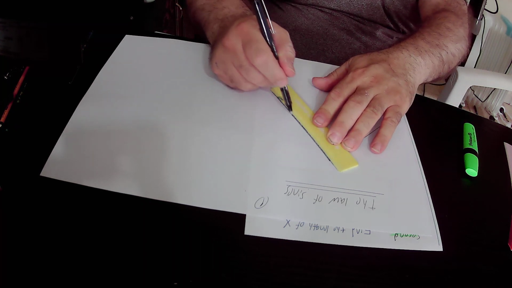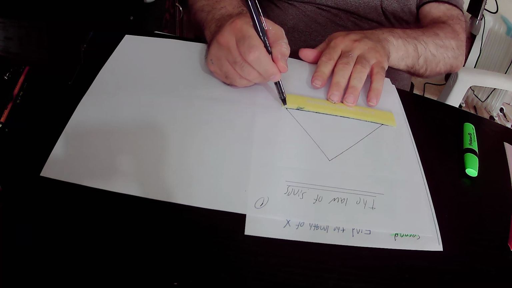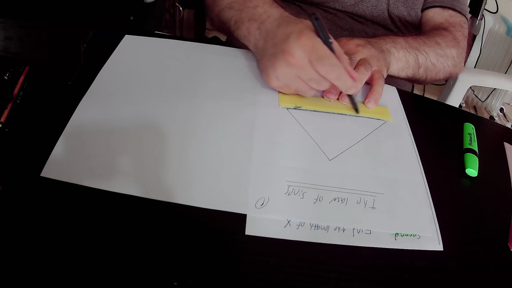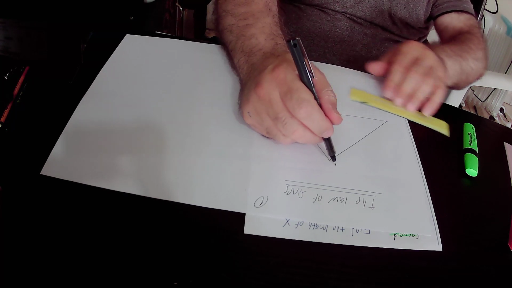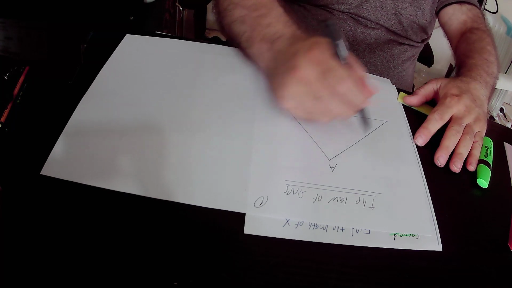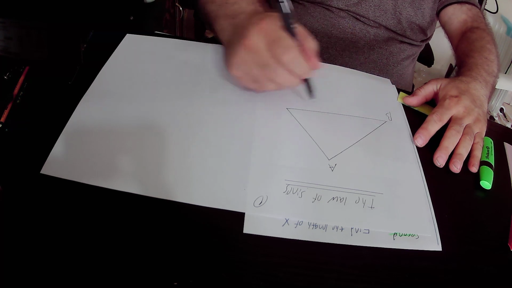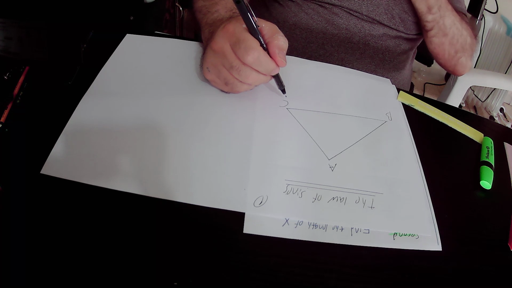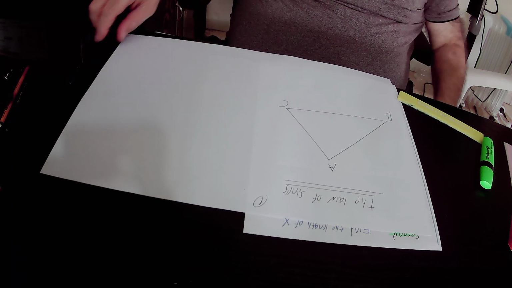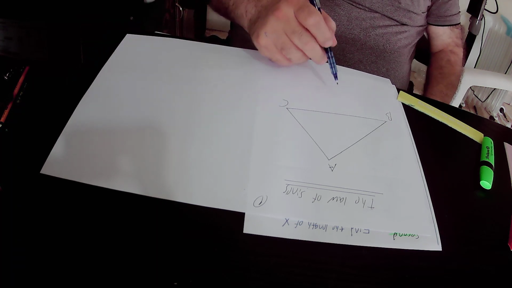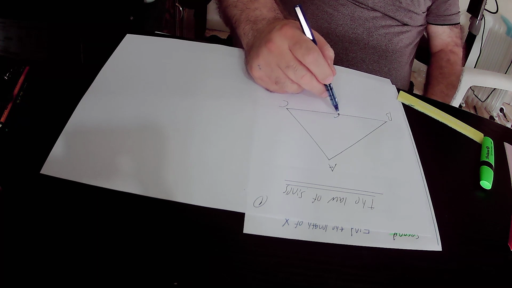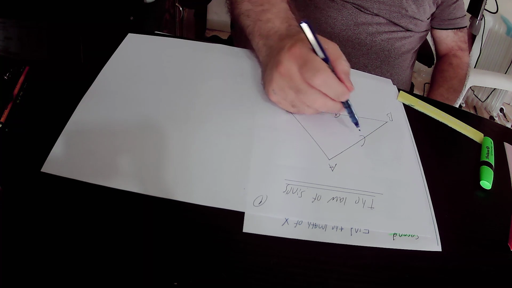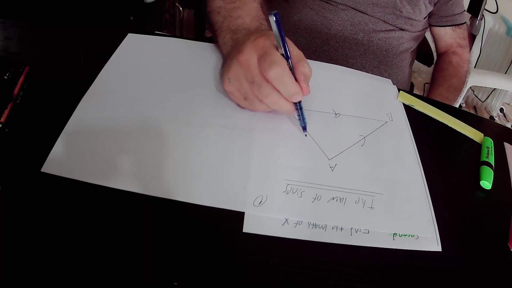If you have triangle ABC, that could be any triangle, we know that the length of side BC is equal to A units, the length of side AB equals C units, and the length of side AC equals B units.